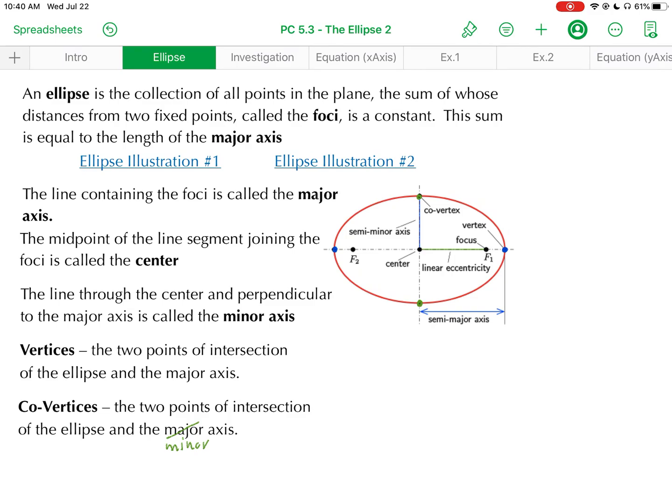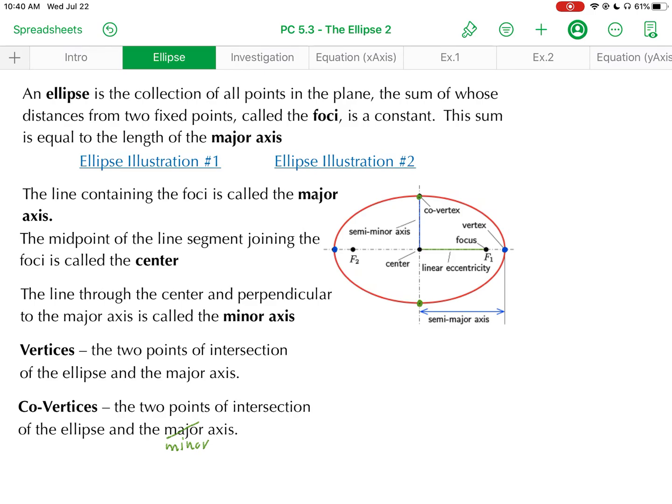Now let's talk about the different characteristics of the graph of an ellipse. So an ellipse has a major axis, which is the line containing the foci. So right here, the horizontal line that passes through F sub 1 and F sub 2, that would be considered your major axis.